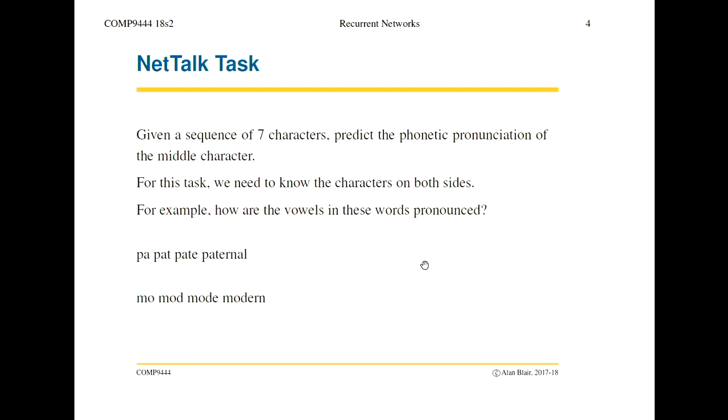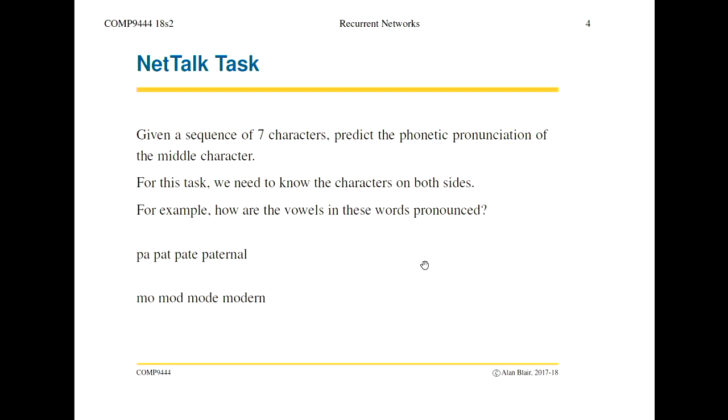Just to prove to you that this is not a completely trivial task, look at little subsequences and think about how the vowel in the middle would be pronounced depending on what you see. So pa, pat, pate, paternal, those are actually 4 different symbols in the phonetic alphabet.